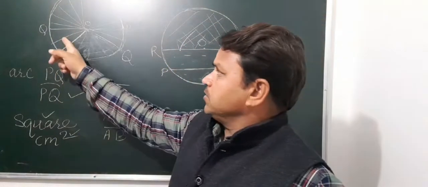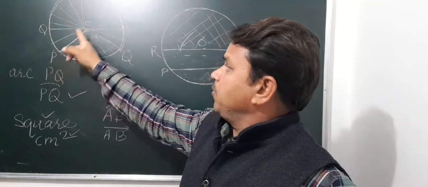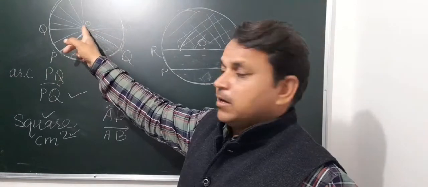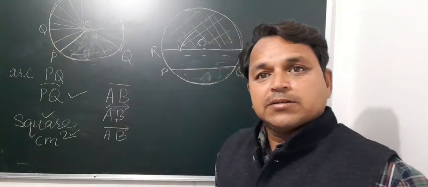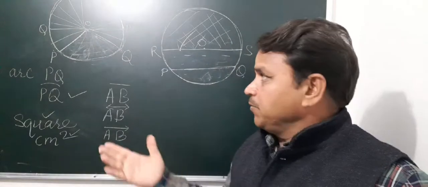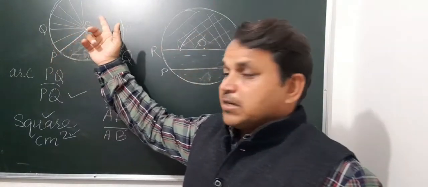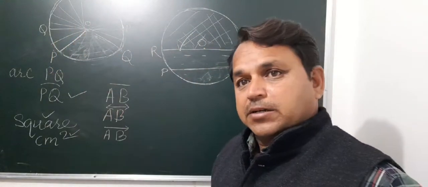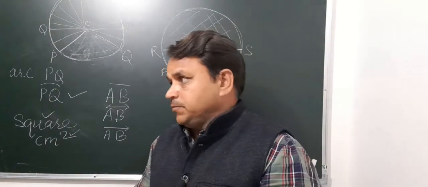Because the same definition applies here also: two radii joining the endpoints of the arc to the center, and the arc. Between them the area included is known as a sector. So the same definition applies for the major sector as well as for the minor sector. This is the concept of sector, a basic introduction of sector.